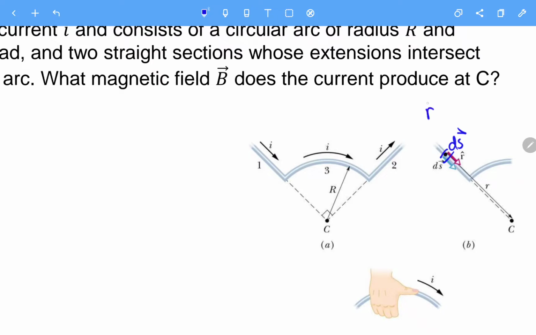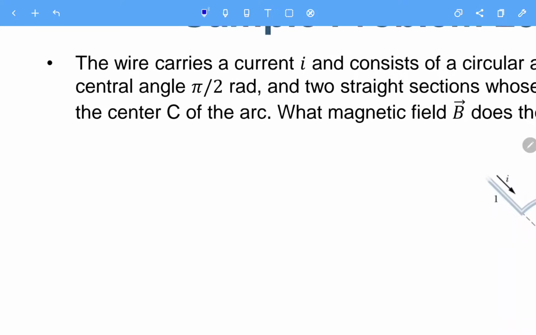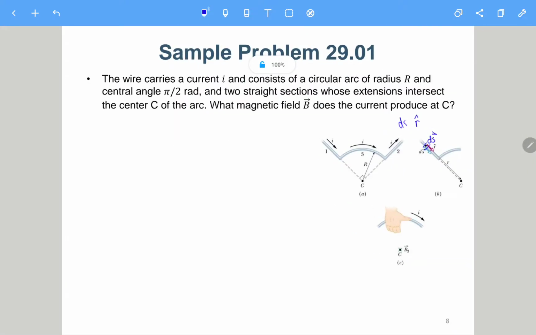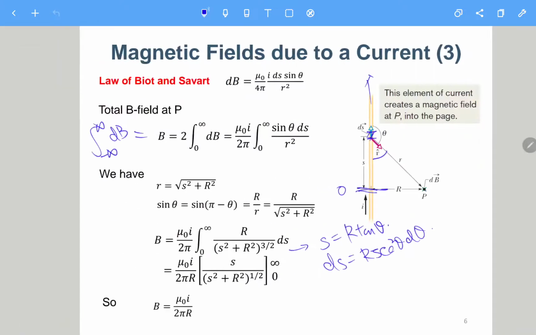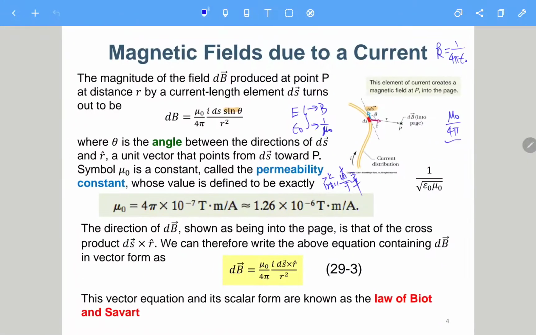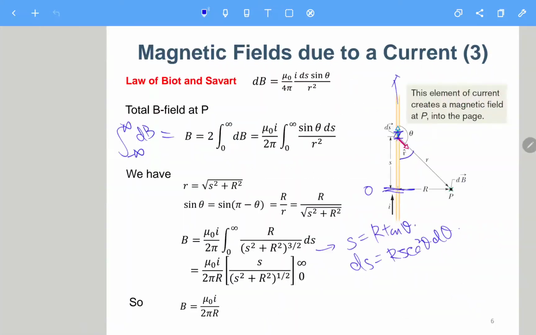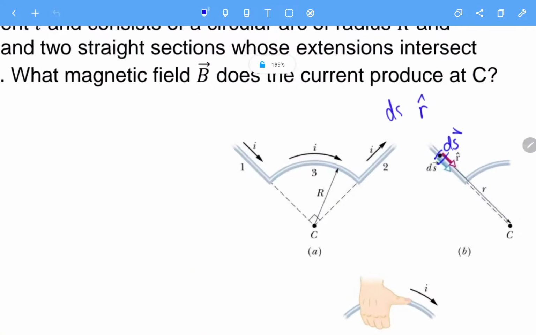So we have ds cross r head, which should be a 0 vector. So we don't have any dB, which means that dB will be 0 for segment 1.